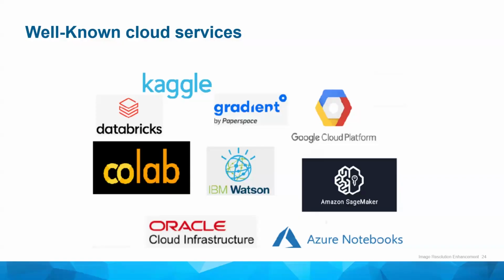So your alternative is using cloud services, where there are multiple options. The simplest one is Google Colab. It just gives you a notebook to write your code there, and you can do deep learning. You also have Google Cloud Platform. You have Azure notebooks. So you have different options. You can choose the one that best suits you.